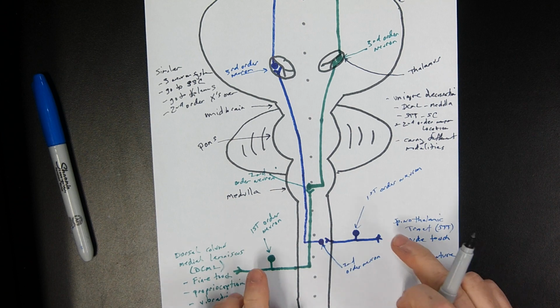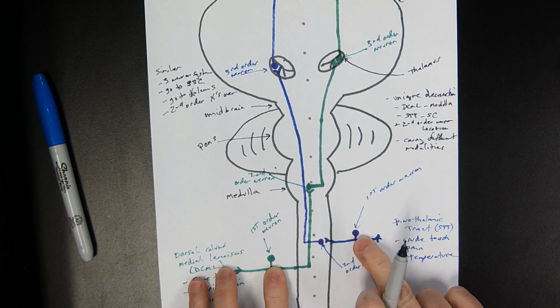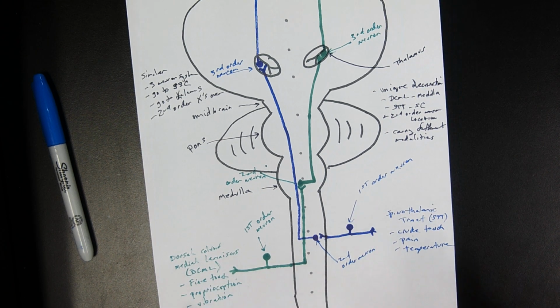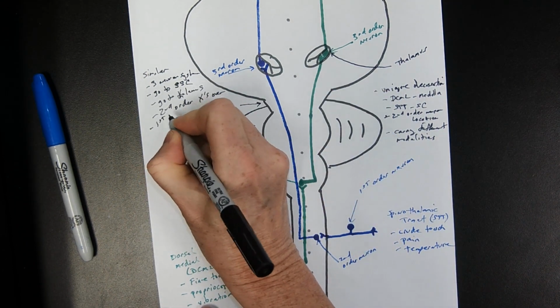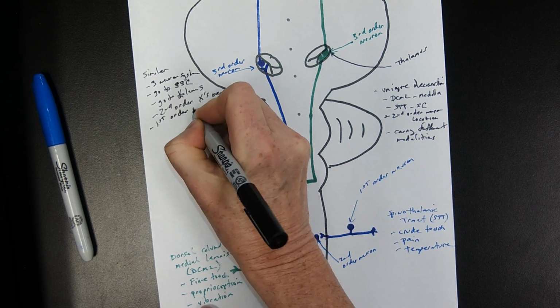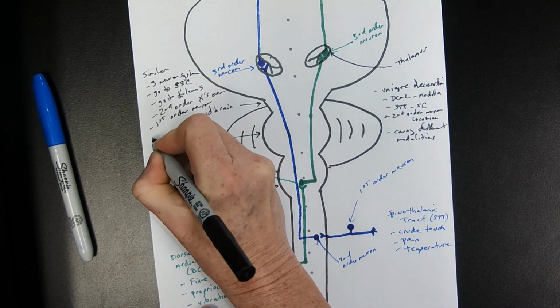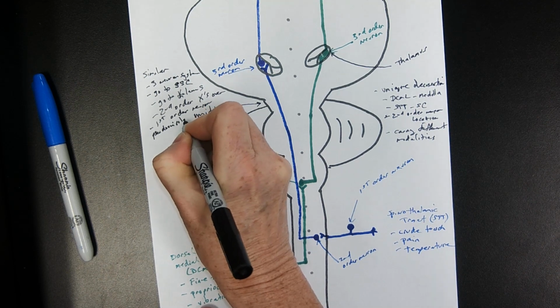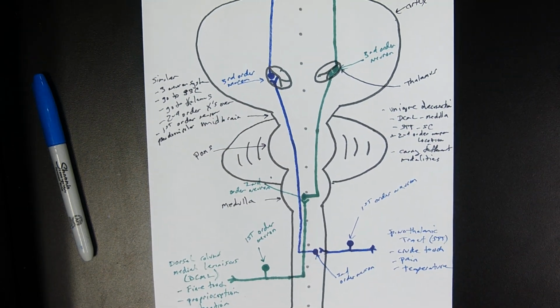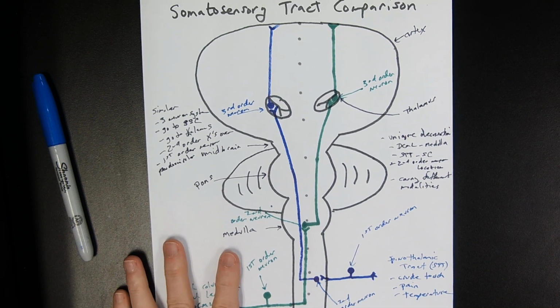The last one I think would be that the first order neuron is a pseudo-unipolar neuron. Hopefully that word's getting more familiar to you. So the first order neuron is pseudo-unipolar. Okay, that's it. Just a comparison and contrast, thinking about these two things and how they're similar and how they're different.